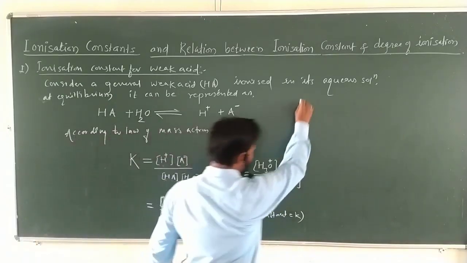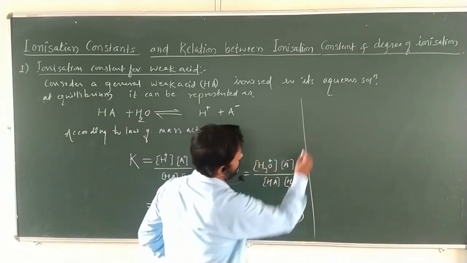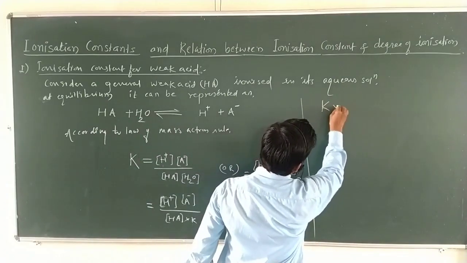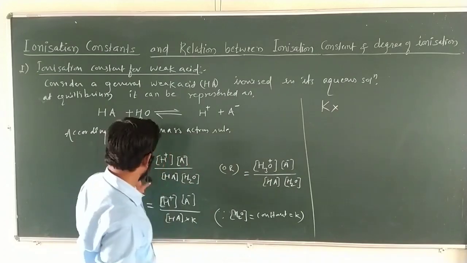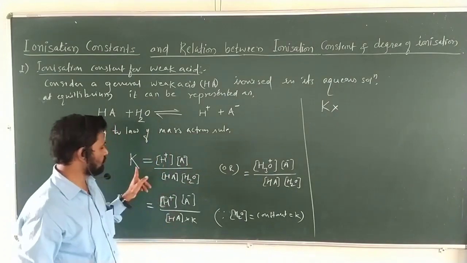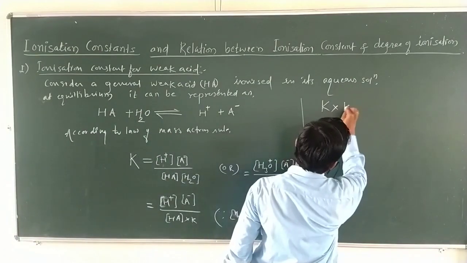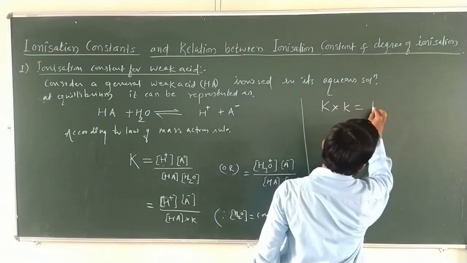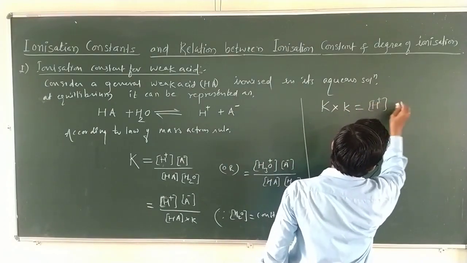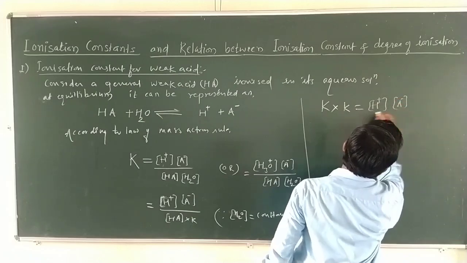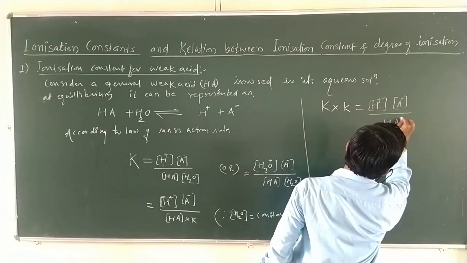Okay. Now here it can be continued. K into, here it is multiplication, here it is in the divide, come to the left side, it is in the multiplication, equal to the concentration of H plus, concentration of A negative divided by the concentration of HA.